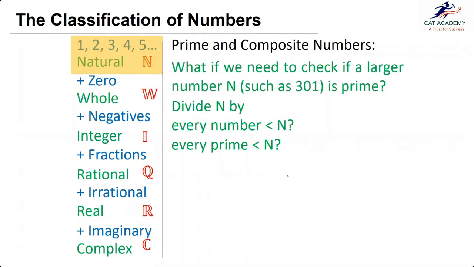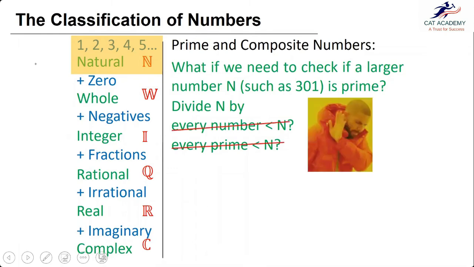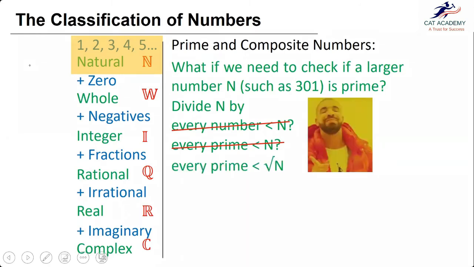So then what should I do? These are not the ways because I don't know any prime number which is greater than 100. So the shortcut method over here is every prime number which is less than root n, approximately less than root n, right?